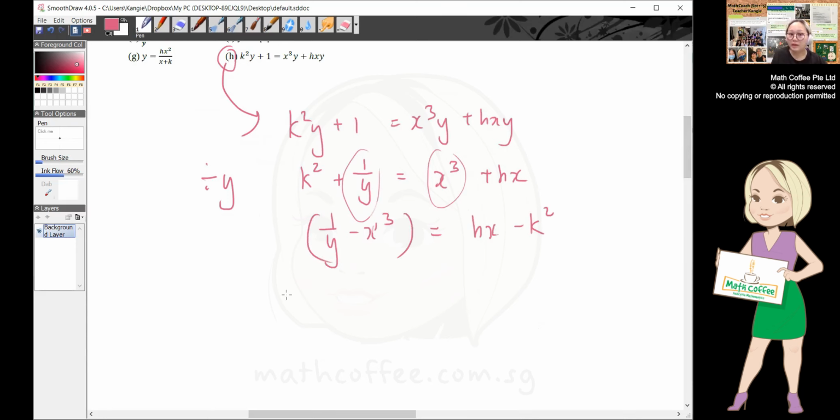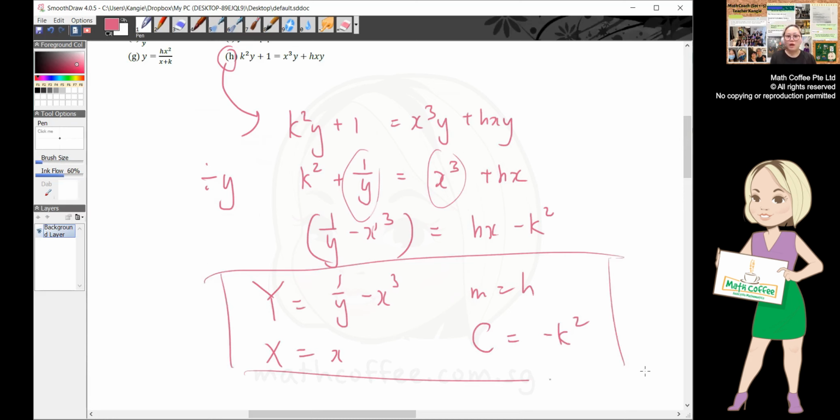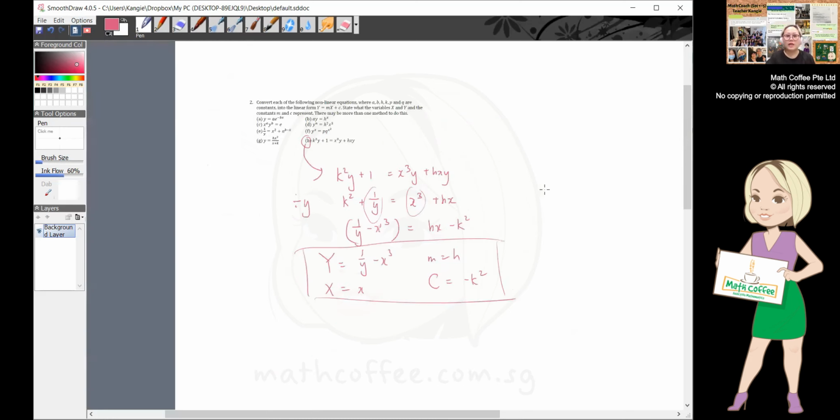So actually I'm done. My big Y is 1 over y minus x cubed. My big X is small x. My gradient is h and my c is minus k squared. Okay, so I'm done with changing all this. Okay, let's move on to questions that typically come out during exam.